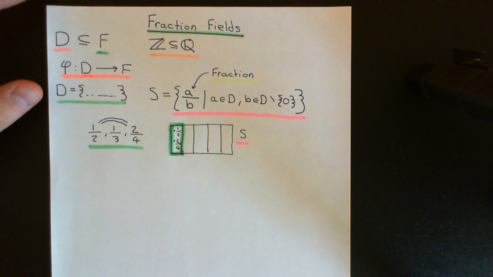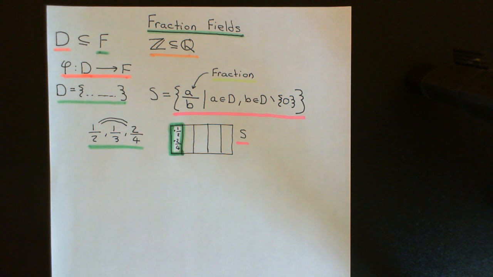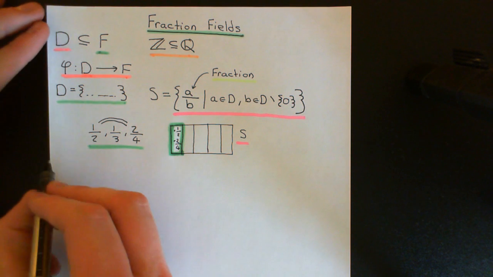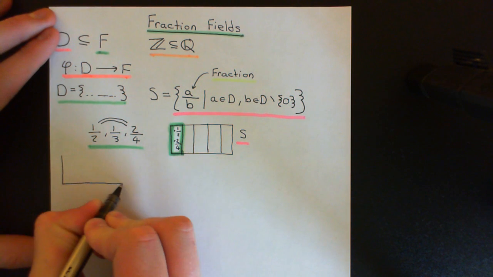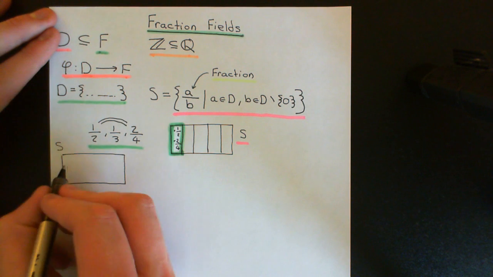So we are going to define an equivalence relation on this set of symbols. Let me just remind you of what an equivalence relation actually looks like. So let me take a very simple set, which I'll call S here.